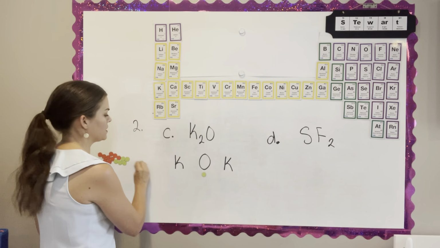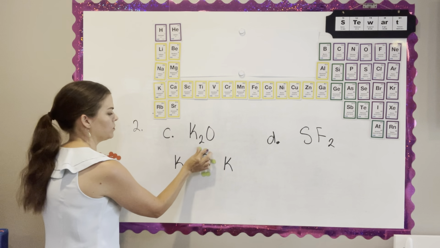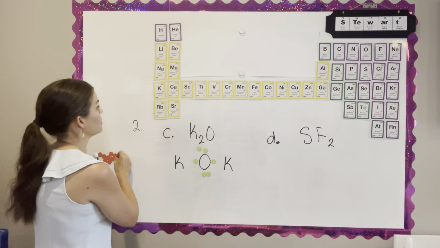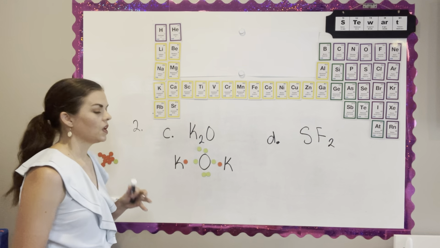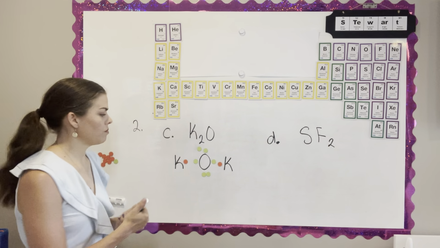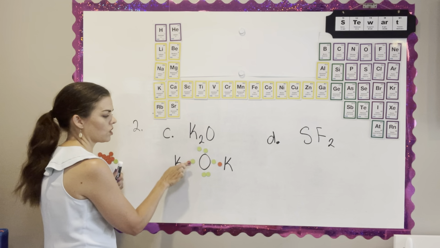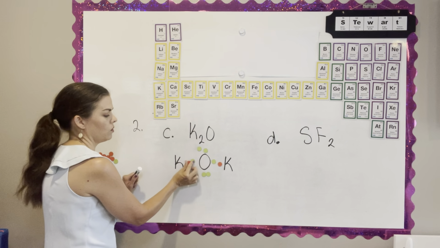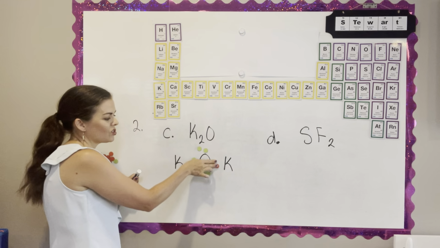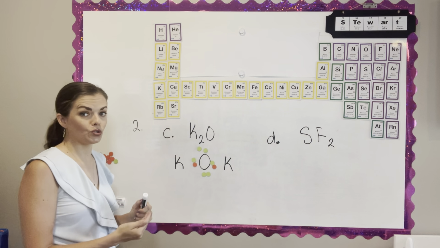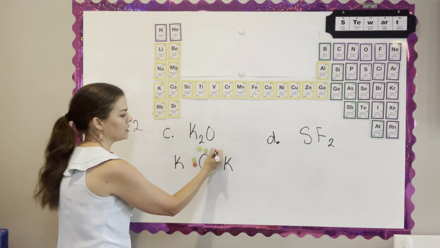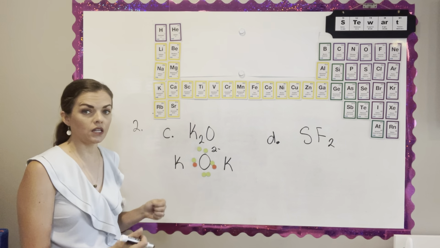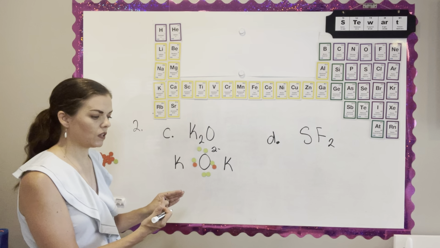So if I draw my 6 electrons around oxygen, I'm just going to put it this way, and then potassium, being in one column, has 1 electron here each. This is not a covalent compound, which means these do not share to make this line bond. What actually happens is oxygen just takes these electrons to it, and since oxygen is taking in electrons, it gets a charge of 2 negative because it gained 2 negative electrons.